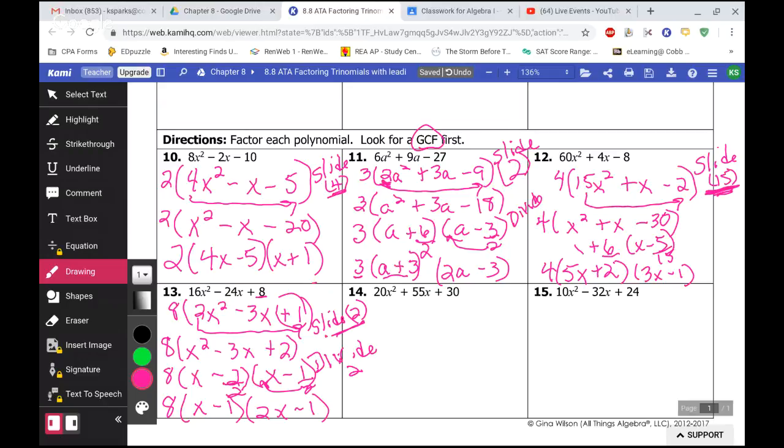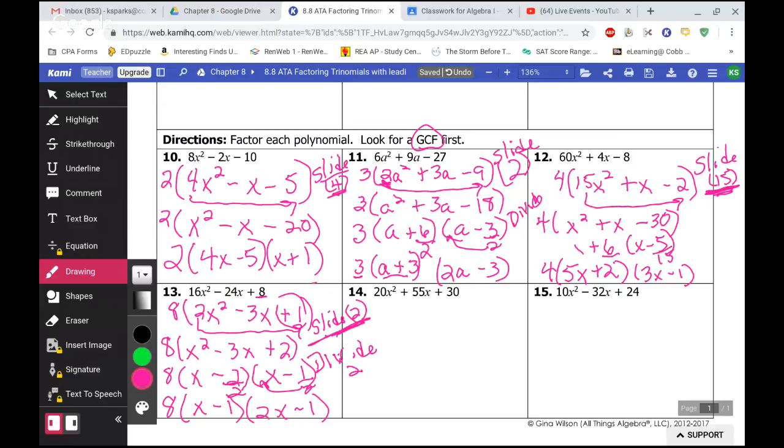See, that's why I've been writing slide with a little 2 in parentheses. And you'll see up here on number 10, I wrote slide and a little 4 in parentheses. That's my reminder to myself, particularly when I'm pulling out a greatest common factor.